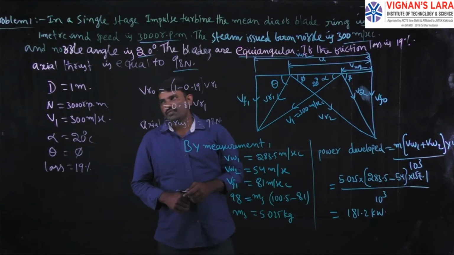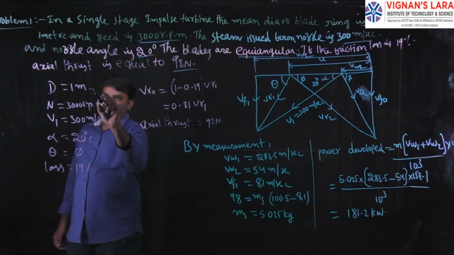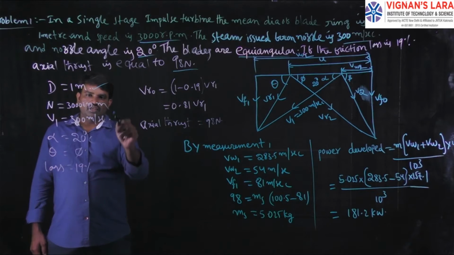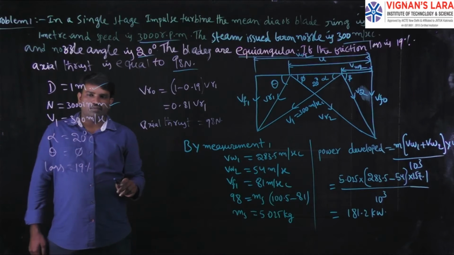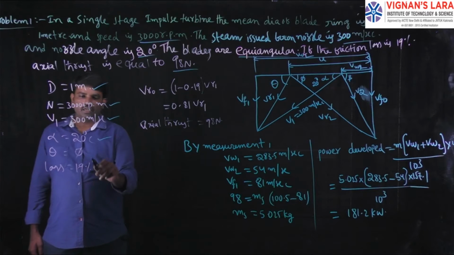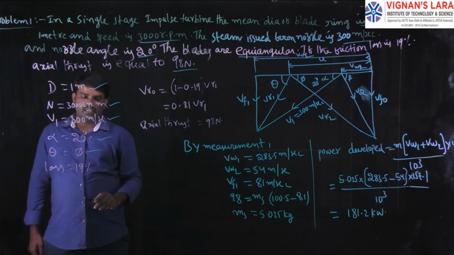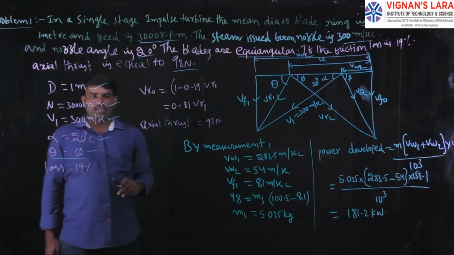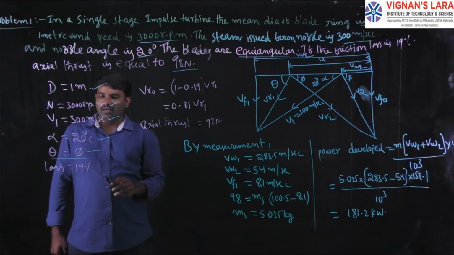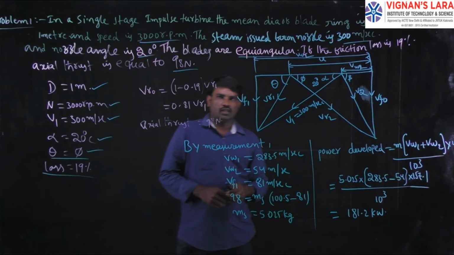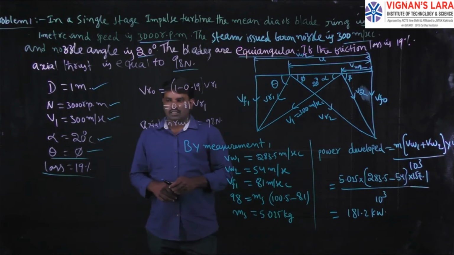See the given data. The diameter of the rotor is given, that is 1 meter, and the speed of the rotor is given, 3000 rpm. The velocity of the nozzle is given, and the inlet angle of the nozzle to the blade of the turbine is given, and the condition is theta is equal to phi. The blade angles are equal, equiangular blade angles we are using. The losses are 19%, that means the relative velocity loss is 19%.